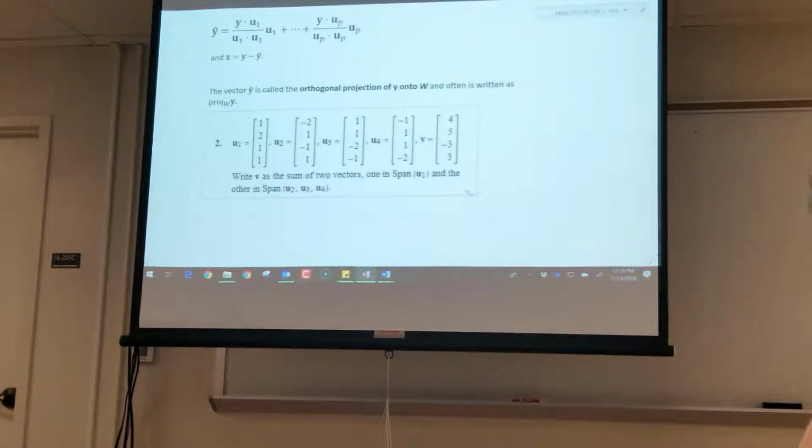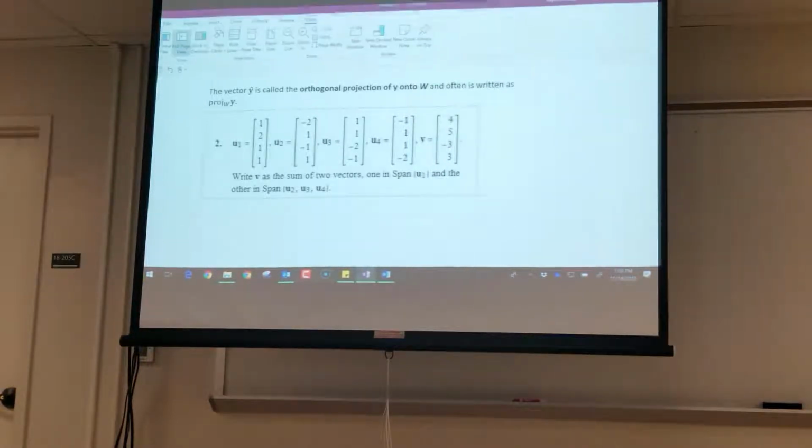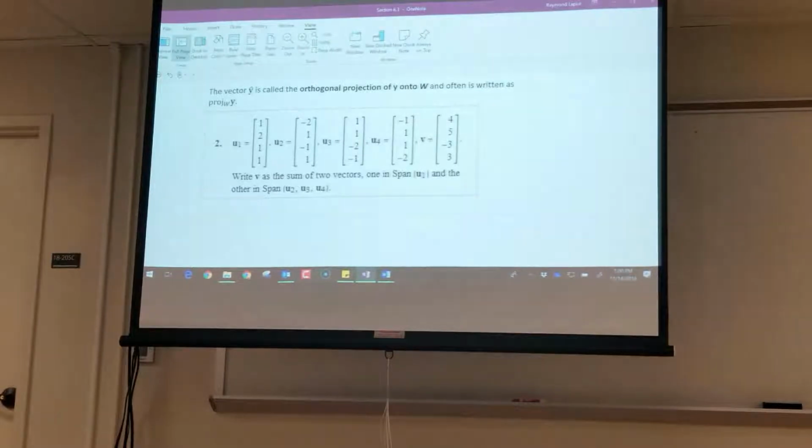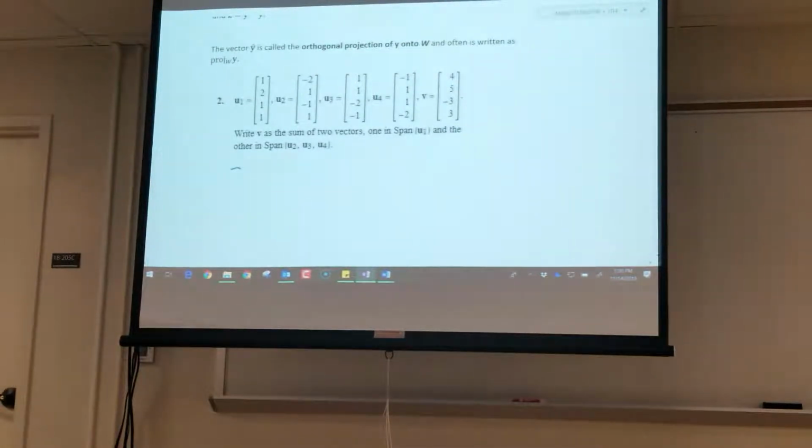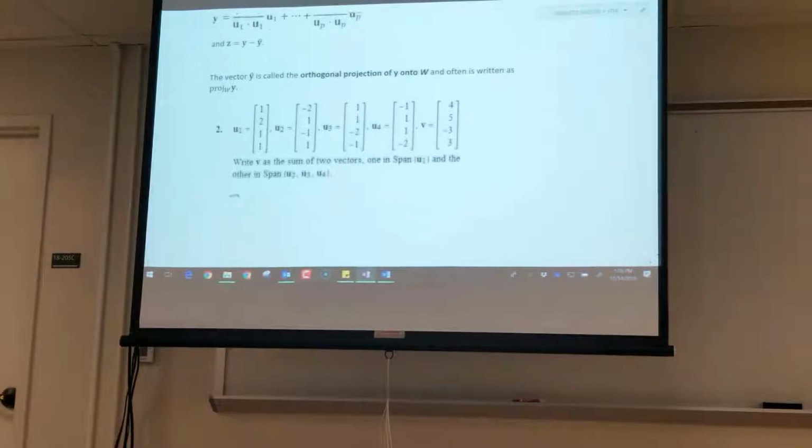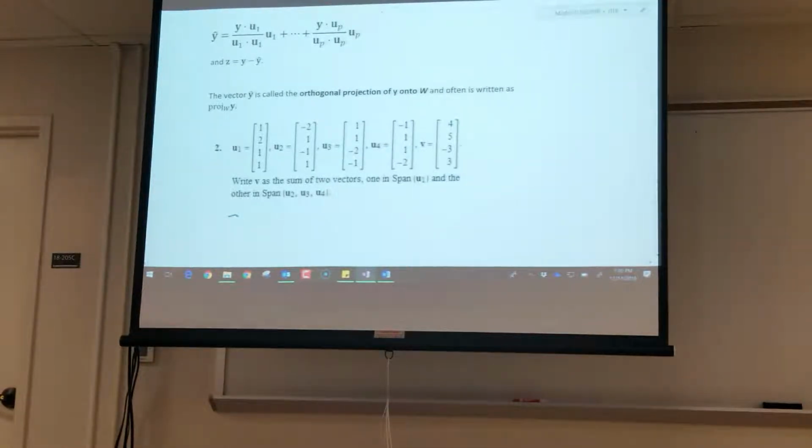So, according to this formula, the formula that I just did over here, I want to express a new vector that's going to project onto this four-dimensional space.